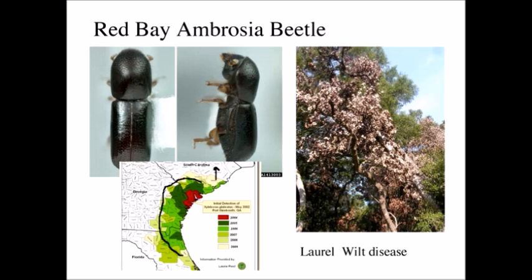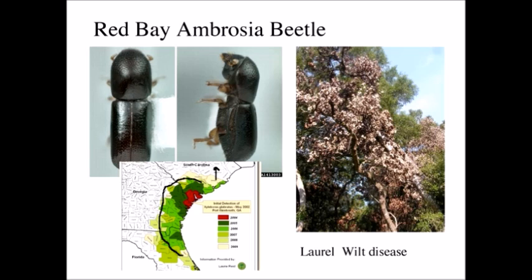And red bay, you may not think of it too much as a serious tree, but especially in the maritime forests, it's a major tree and seems to perhaps wipe out 60–75% of the red bay trees that are there.